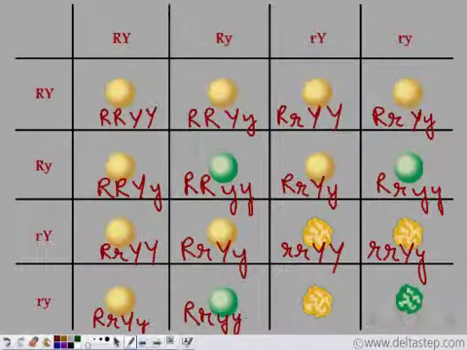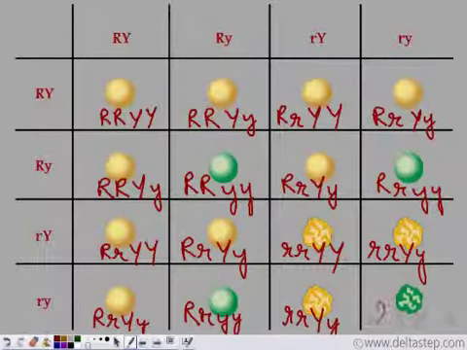For this one, it has small r, small r, capital Y, and small y. And finally, this seed has the genotype small r, small r, small y, small y. So these are all the possible genotypes that can arise in offspring of the second generation.